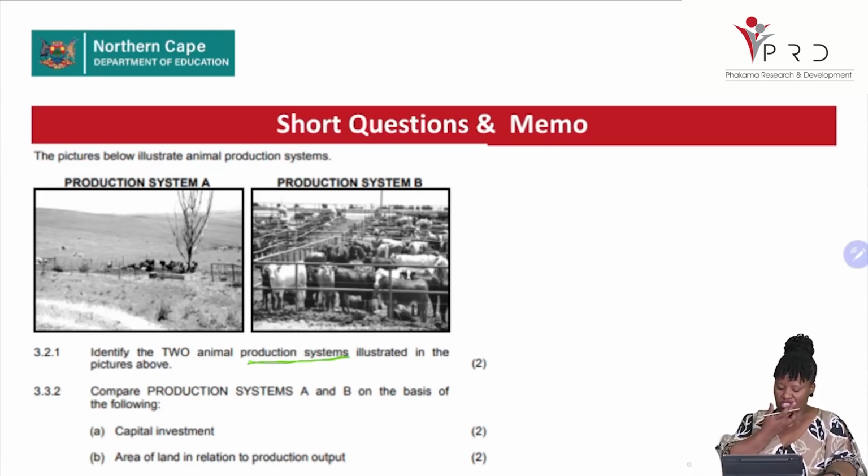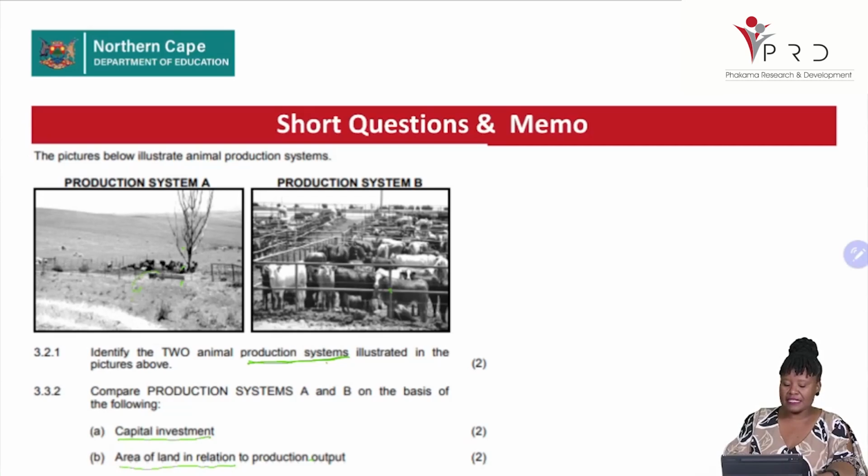Compare production systems A and B on the basis of the following. You talk about the capital investment on A and capital investment on B. You talk about the area of land in relation to production output. Area of land in A and area of land in B in relation to production output. So you are given A and B as production systems.